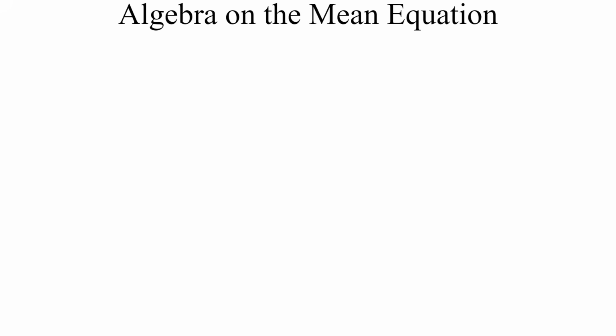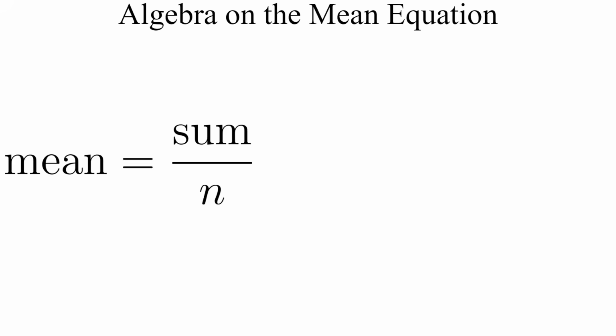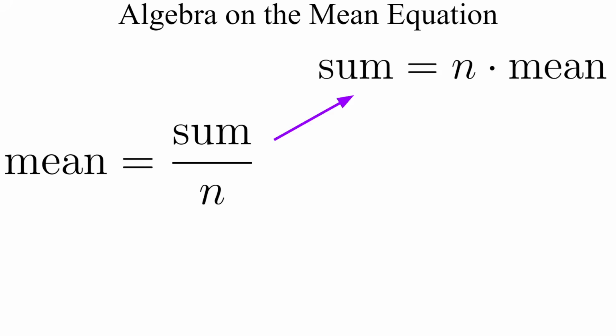Okay, another thing they ask about is they have you do some algebra questions on the mean equation. So the equation we've been working with this whole time, mean equals sum over n. What we're going to do is get sum and n by itself. So if we multiply both sides by n, we will get sum equals n times mean.